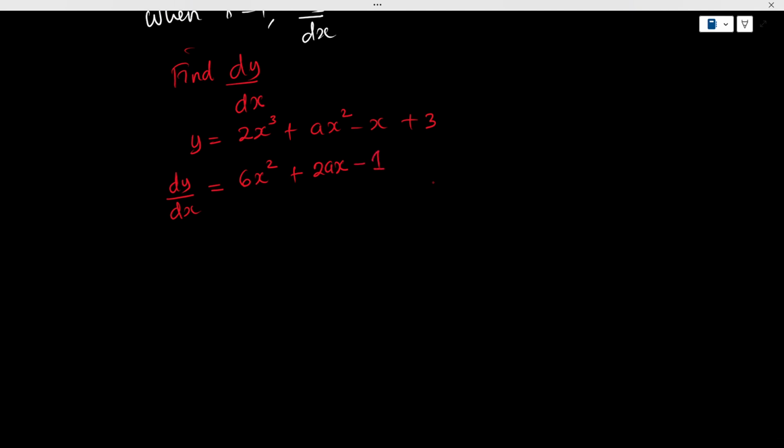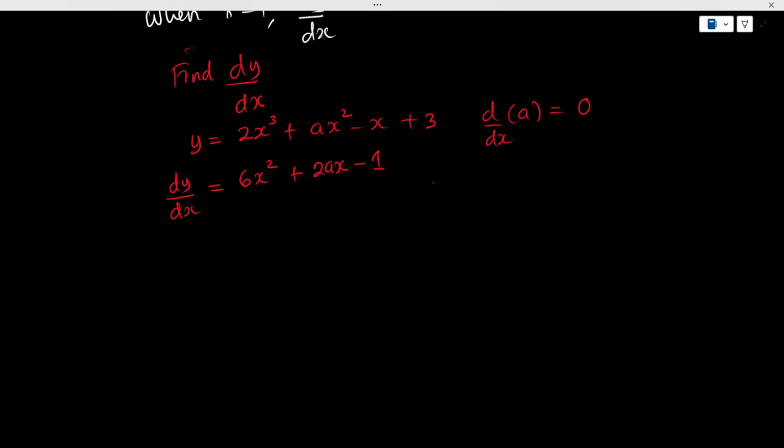And the derivative of x is 1. And the derivative of 3 is 0. Derivative of a constant number is 0. So the derivative of 3 is 0.